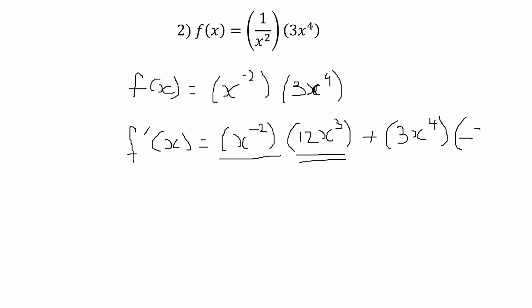So again, the minus 2 goes in front, and minus 2 minus 1 will give me minus 3. So that's my new power there. Good. Let me just take out these lines here. Right. And this is the end of the differentiation part. And like we did in the previous one, we can see if we could clean this up a little.